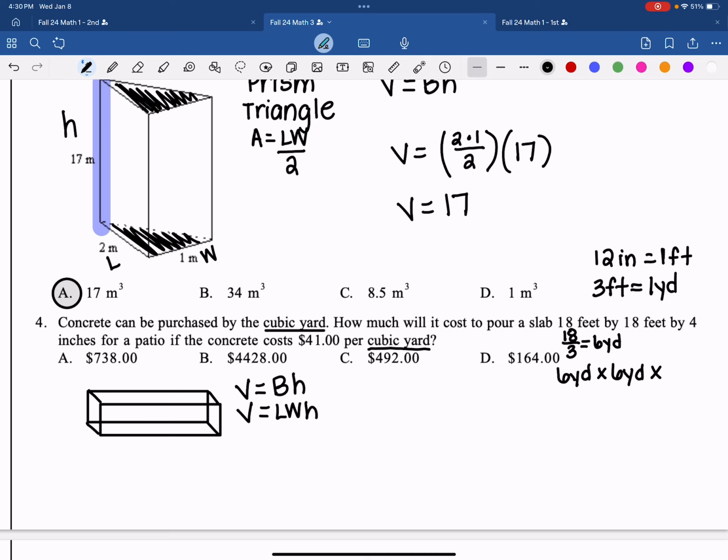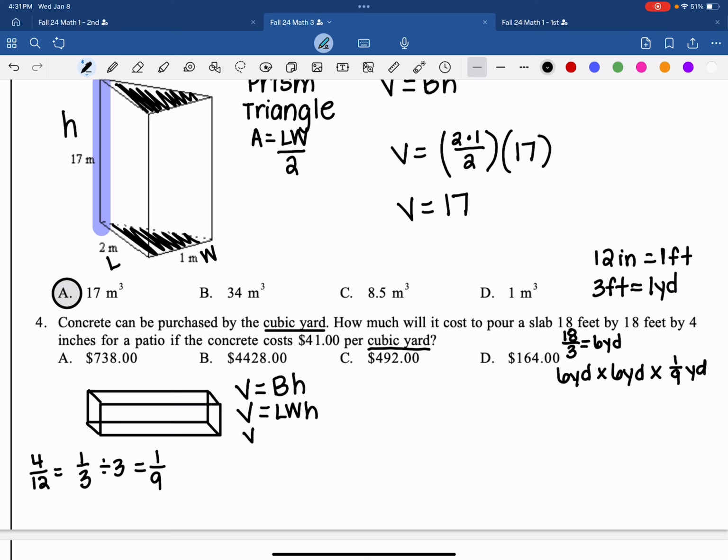So for the inches, I would say 4 divided by 12, that's going to be 1/3. But then there's 3 feet in 1 yard, so I'm going to divide that by 3 again, which is going to give me 1/9. So I have 6 yards times 6 yards times 1/9 of a yard for my volume. So that was all about converting over.